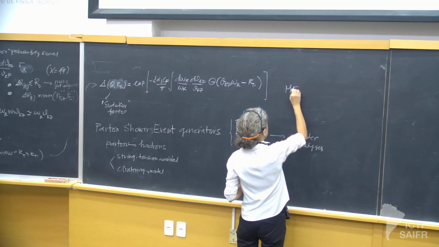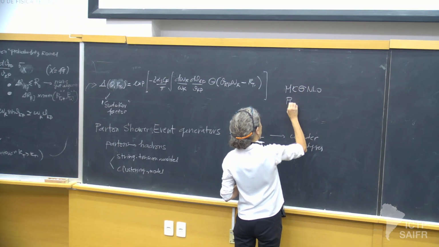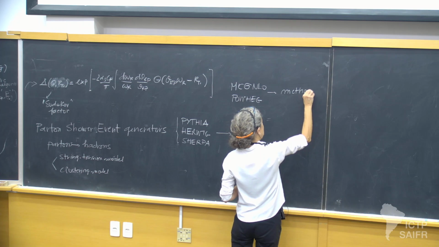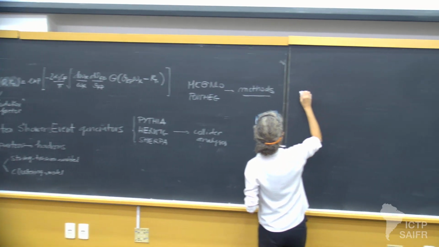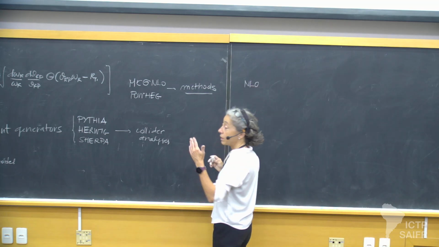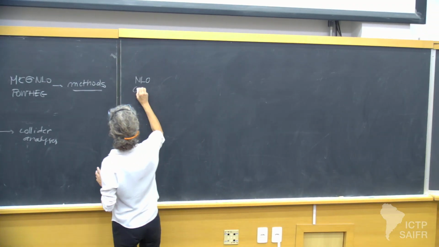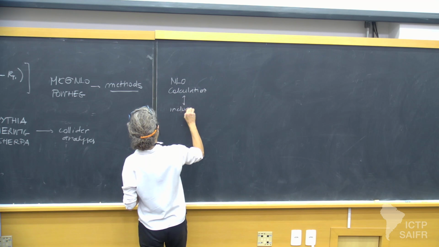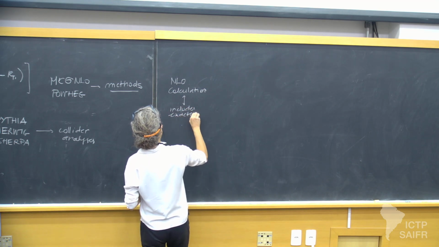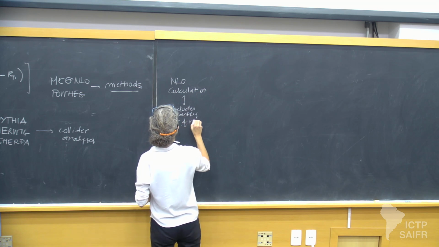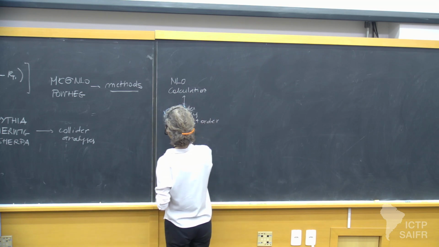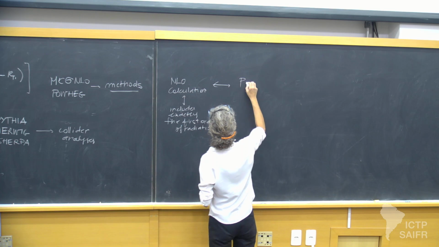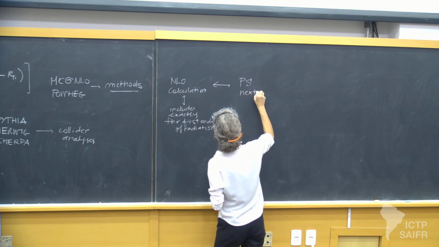So things like MC@NLO or POWHEG are just methods that assure you that you can take a next to leading order calculation, where next to leading means whatever it means process by process, that therefore includes exactly the first order of radiation, and you match it with a parton shower next, from the next order.